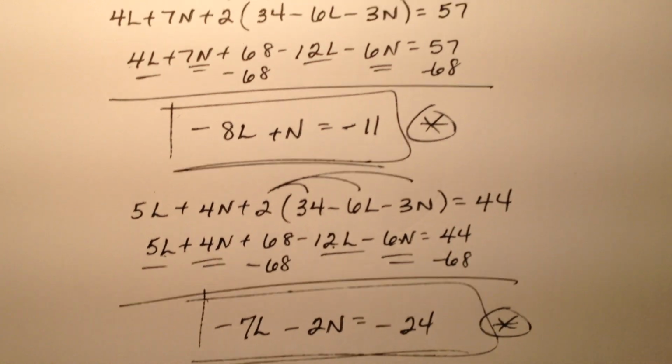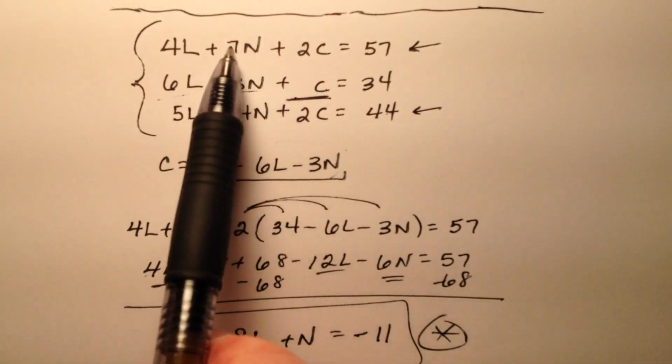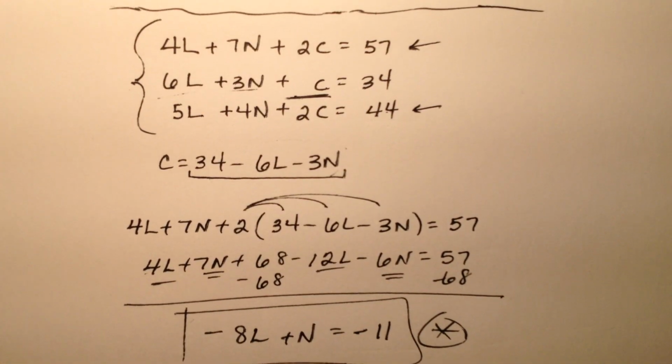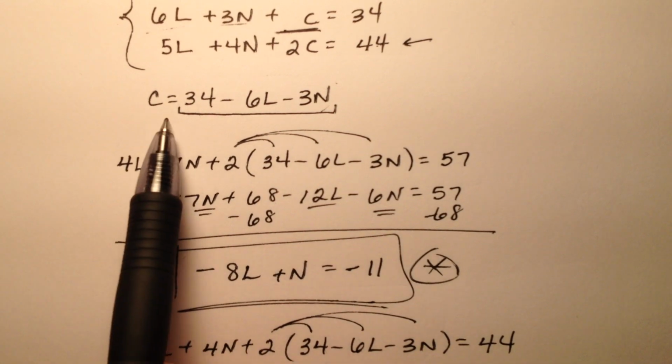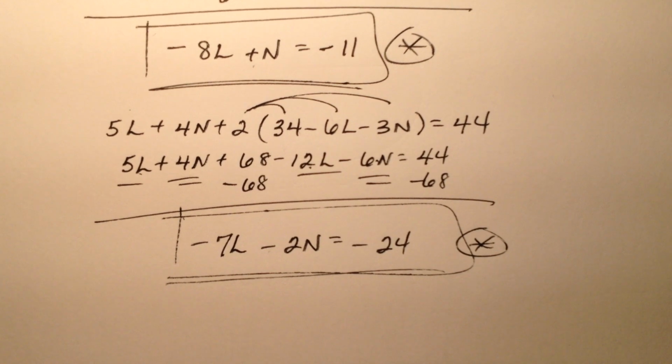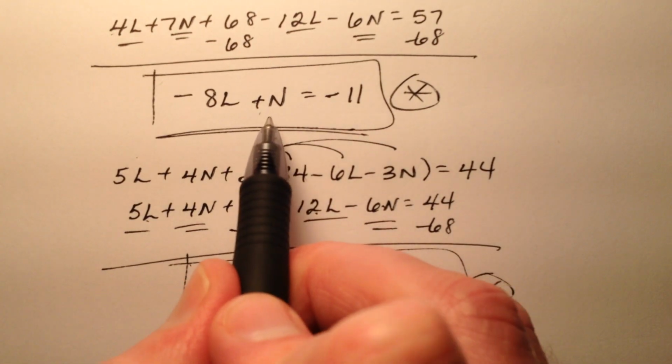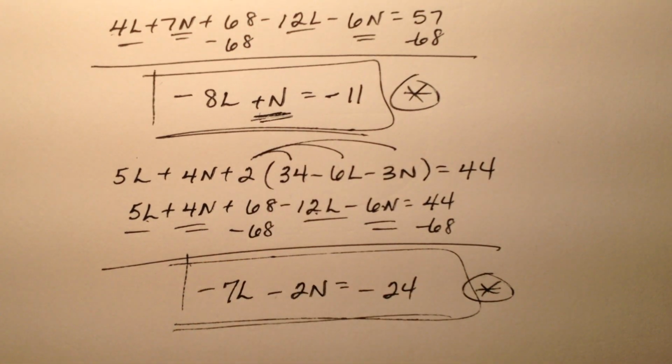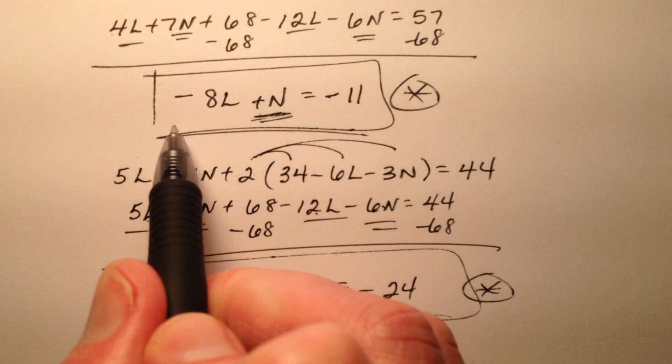So what I've done now, I started with my system, 3 equations, 3 unknowns. I used substitution to get rid of the C's and whittle it down to 2 equations with just 2 unknowns. So it looks like on this one, this N is almost by itself, easy to isolate. So let's go ahead and use substitution again.